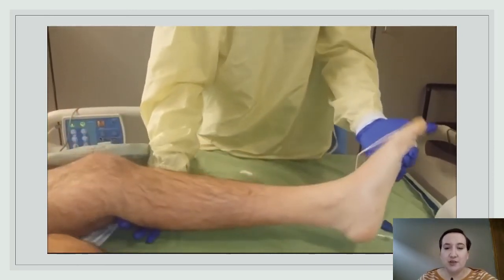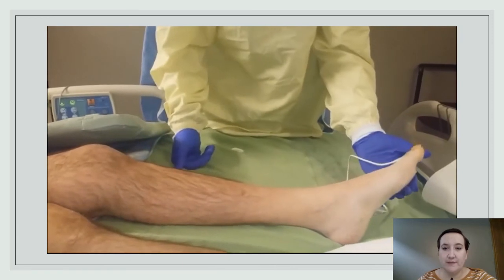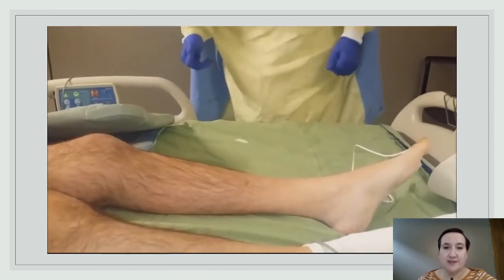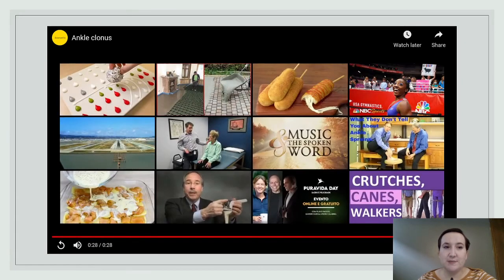Next, the practitioner will lower that foot onto the bed, and we no longer see that clonus. So as your assessment piece, what do you think that you should be doing? Should you be lifting up those legs? Absolutely. Absolutely.